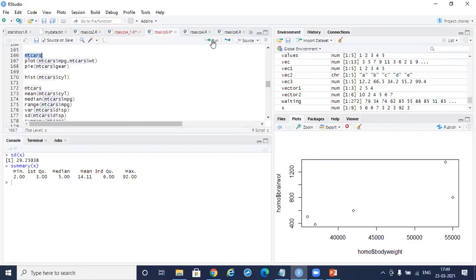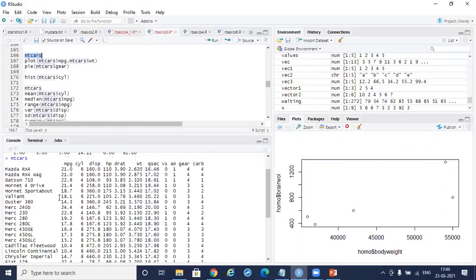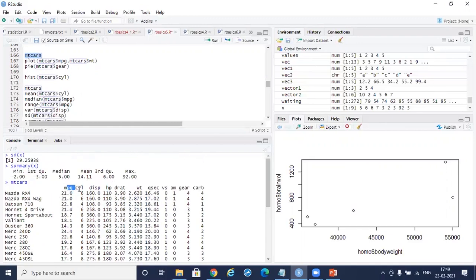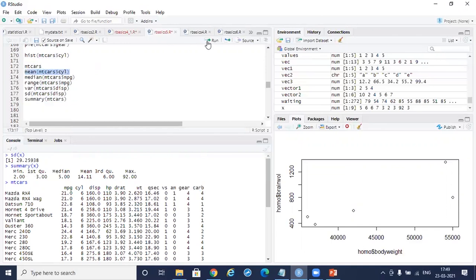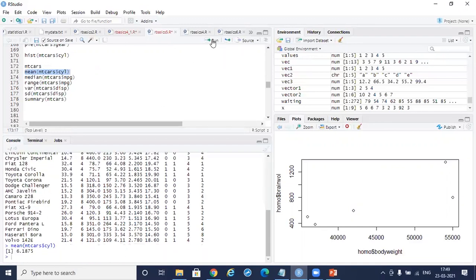One can see if I run mtcars, it has miles per gallon, cylinders, displacement, HP, weight, gear, carb, so many columns are there. Now I can find out the mean. Suppose I want the mean of mtcars$cyl, the column name given here. It gives 6.1875.